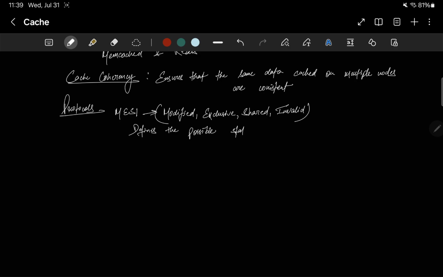It defines the possible states a cache line can be in to maintain coherency across multiple caches.